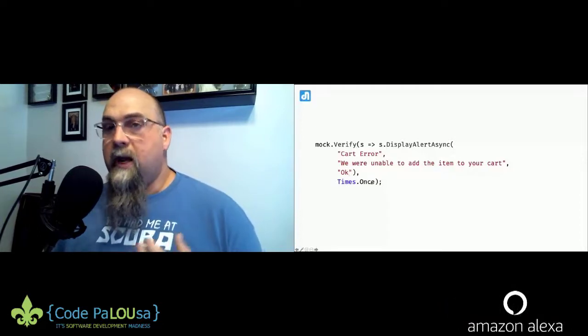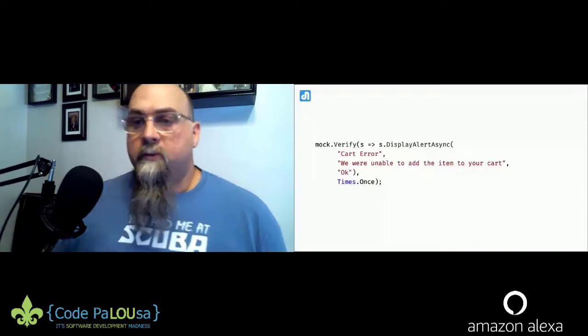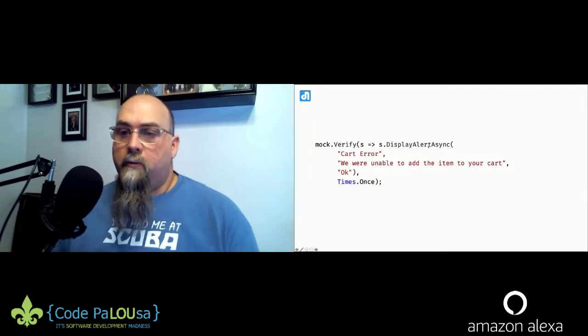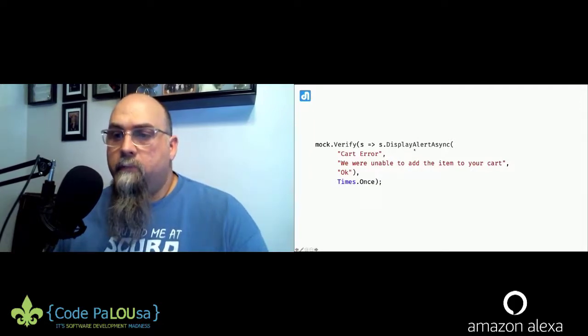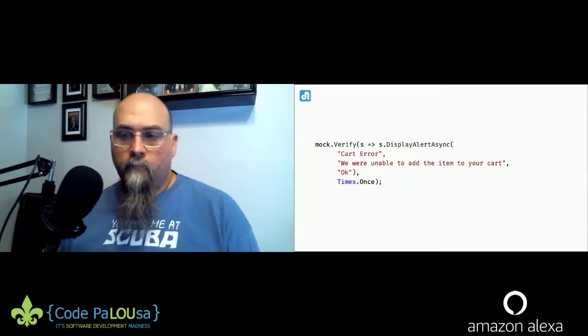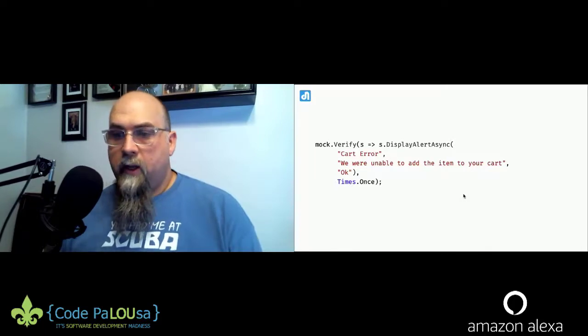We want to test what happens when the API couldn't add it because you're offline or something. So we want some sort of response going back to the user. And because we have our dialog system implemented in an interface, we can verify that the service was called with these exact parameters and one time. So let's take a look at that.